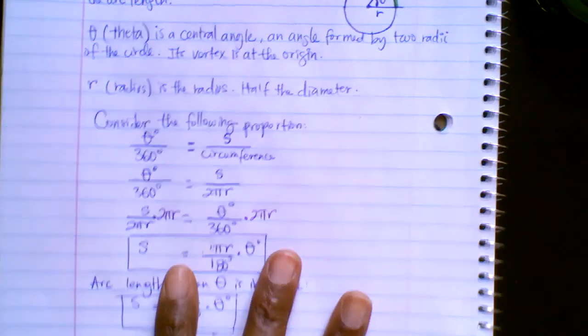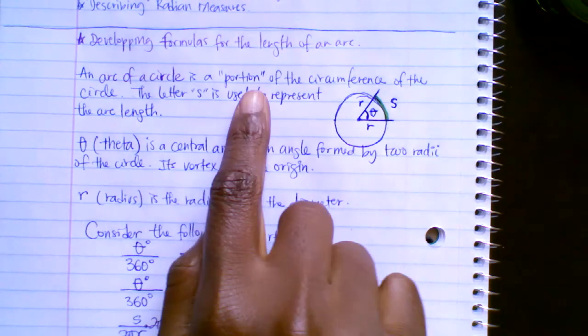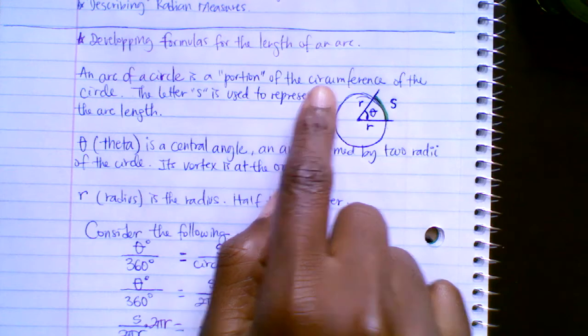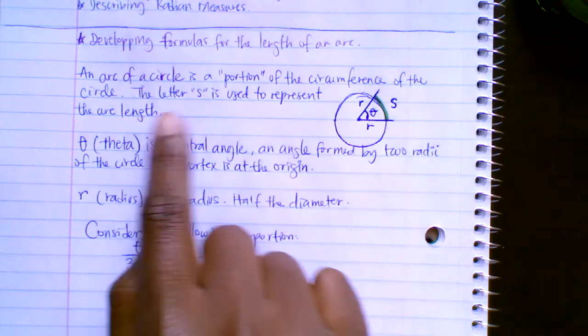So remember, how would you define the arc length? What is an arc? The arc is a portion of the circumference of a circle. The letter S is used to represent the arc length.